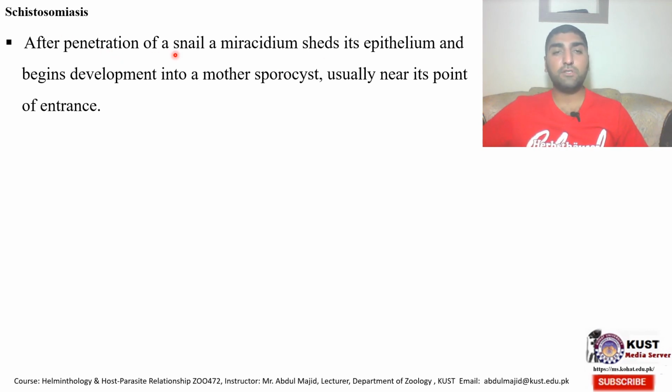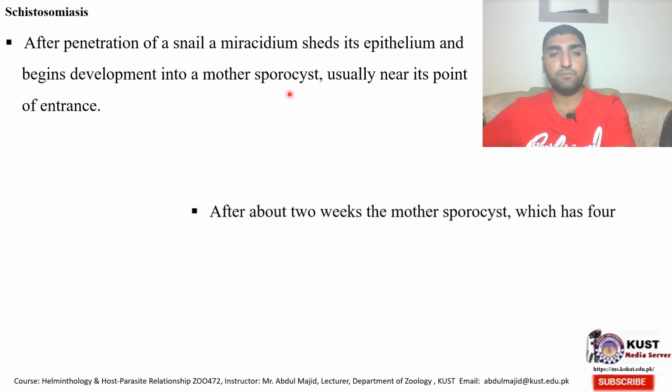After penetration of a snail, a miracidium will shed its epithelium and begin development into a mother sporocyst, usually near its point of entrance. So near the point of entrance, this miracidium stage will shed its epithelium, its skin, and develop into a mother sporocyst.